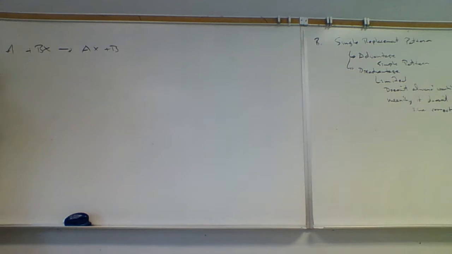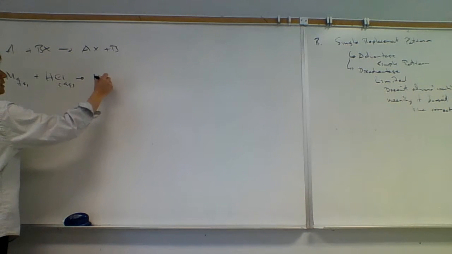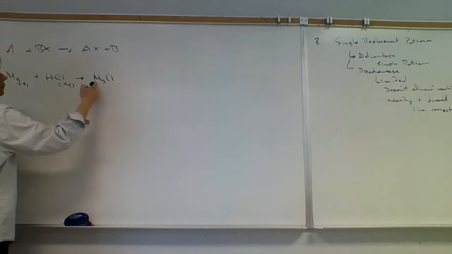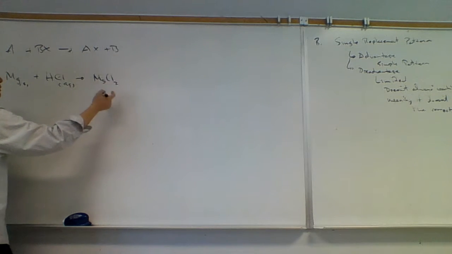An example where it works quite well is magnesium. If we take magnesium, the element, so that's A, plus HCl, it's our BX. And then what would we predict? Magnesium chloride and hydrogen. So magnesium chloride would be magnesium 2 plus, MgCl2.